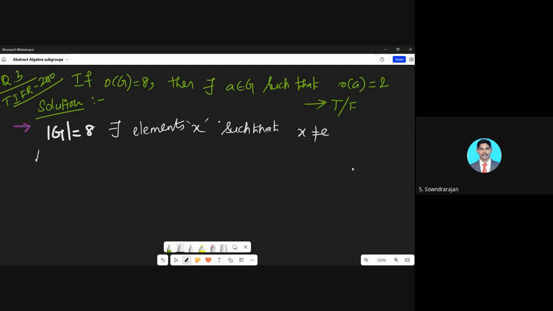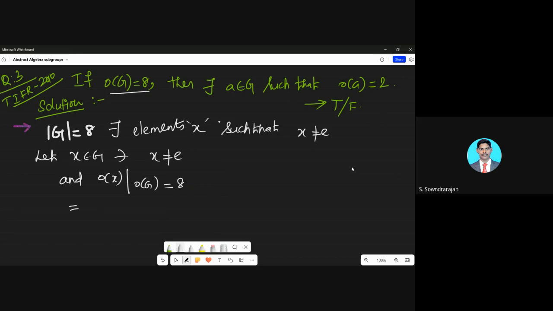So let x belong to the group G such that x is not equal to e, and order of x divides order of G. This is one among the theorems we have discussed: the order of an element divides the order of a group. But order of G is 8 based on the given information. Therefore, order of x is among the divisors of 8.